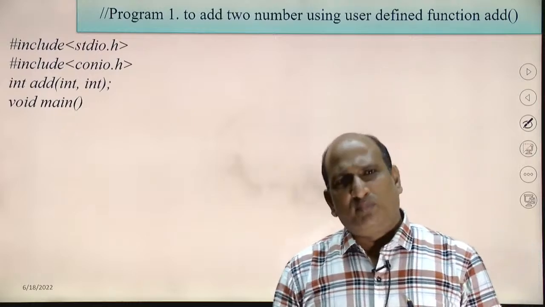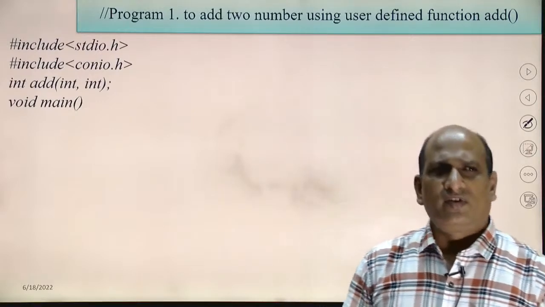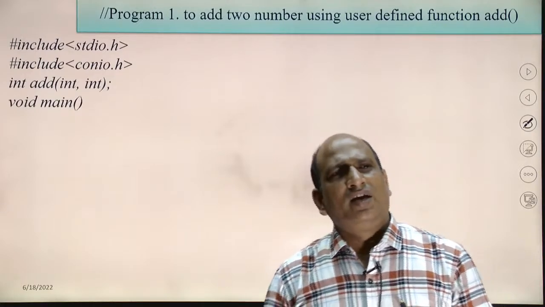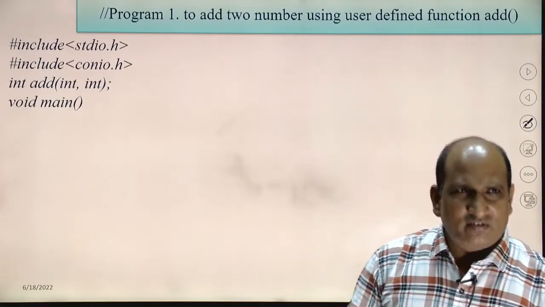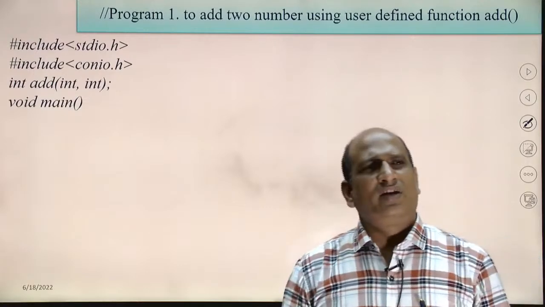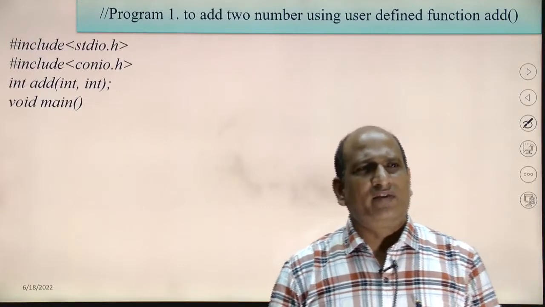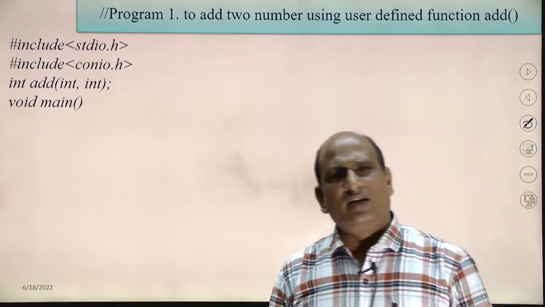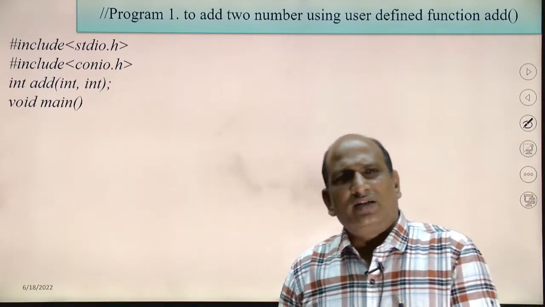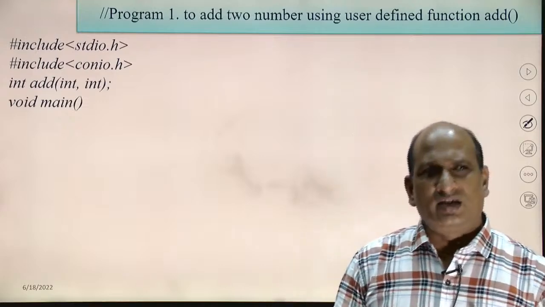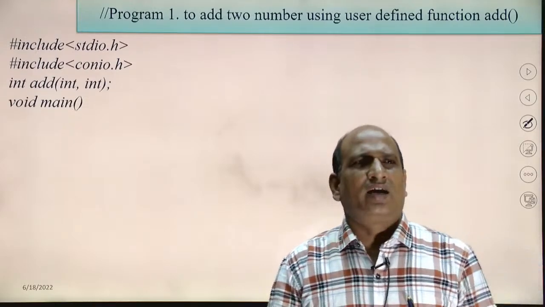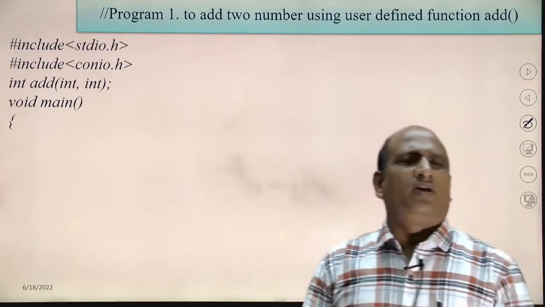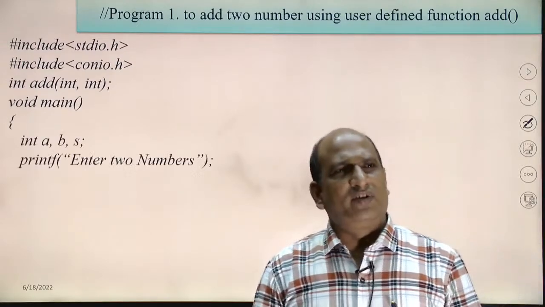We have put the declaration of the function above the main function, meaning main is now aware of the skeleton of that function add, meaning it is aware that there will be an add function that takes two integer type parameters, and it will calculate some result and some integer type result will be returned back.